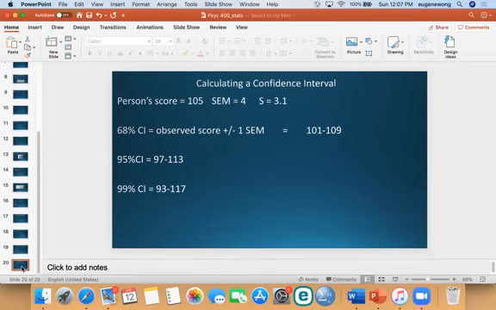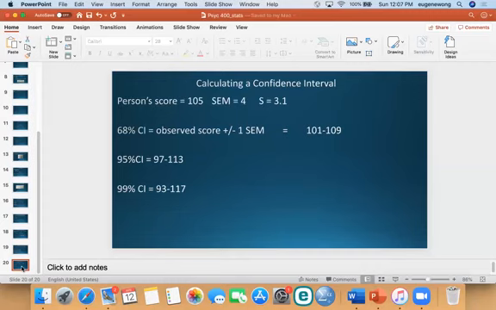So for example, for the 68% confidence interval, we're going to take the observed score and add and subtract 1 SEM. So it's going to be 105 plus 4, 105 minus 4. Therefore, 101 to 109.